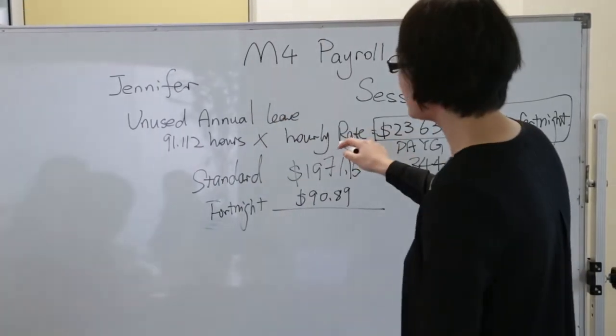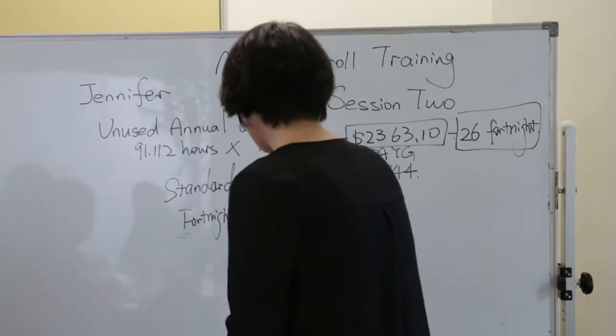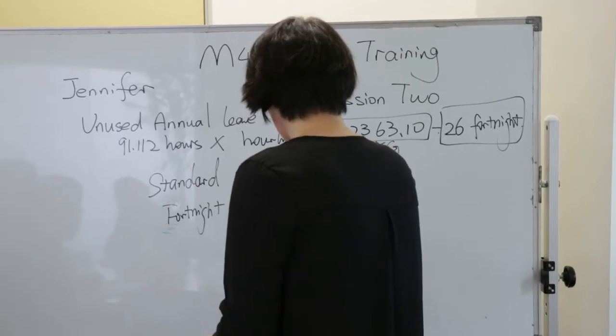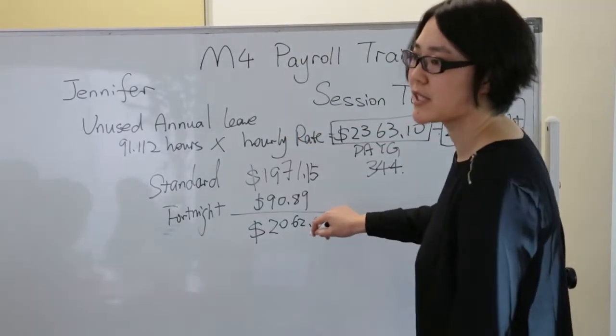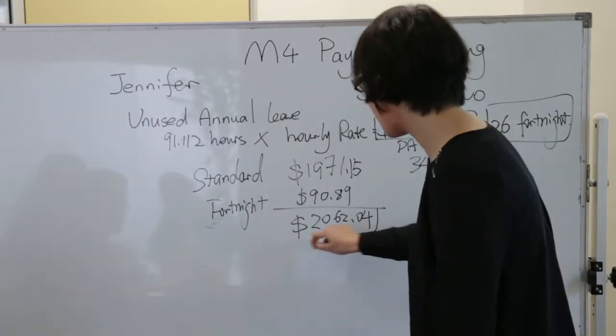So after allocating this unused annual leave, her fortnightly pay increased to this adjusted fortnightly gross pay. So we calculate PAYG based on this number.